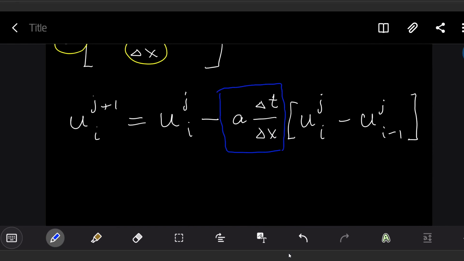It's the velocity multiplied by time divided by space. So basically it's velocity divided by velocity. It is a dimensionless parameter. So this dimensionless parameter for us is nu, which is the Courant number.